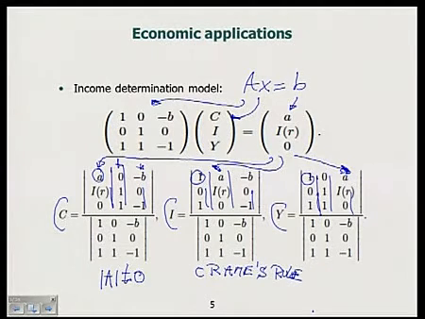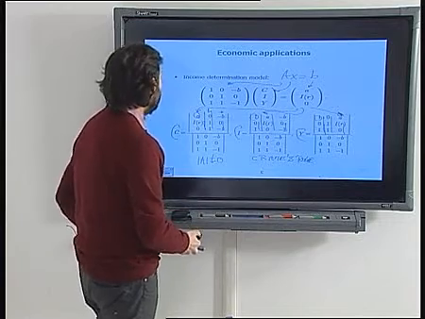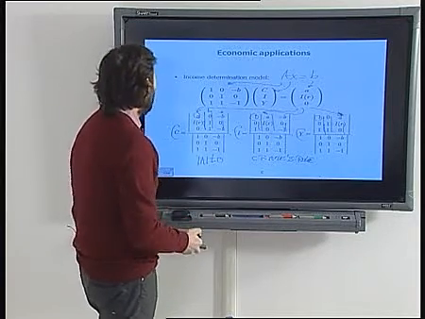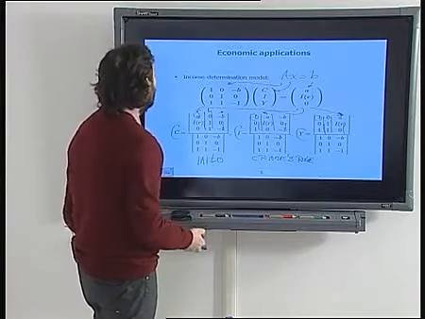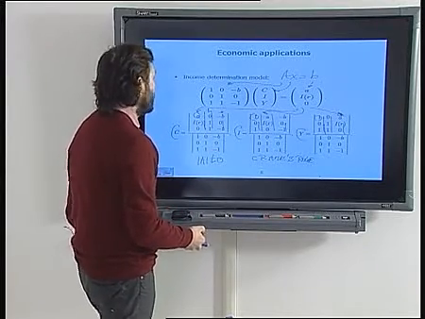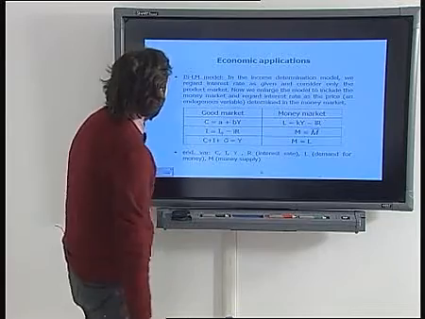As you can see, it's very easy to do that. And this is another income determination model with three variables, C, capital I, and capital Y.